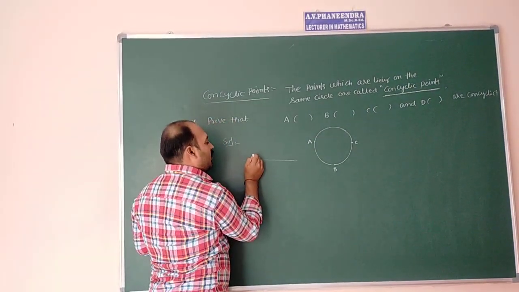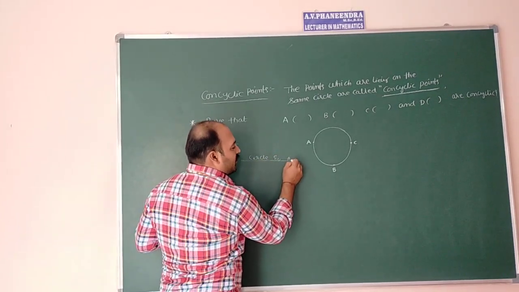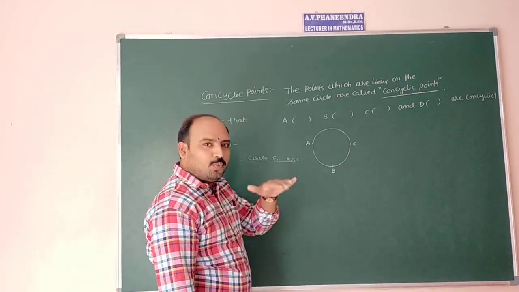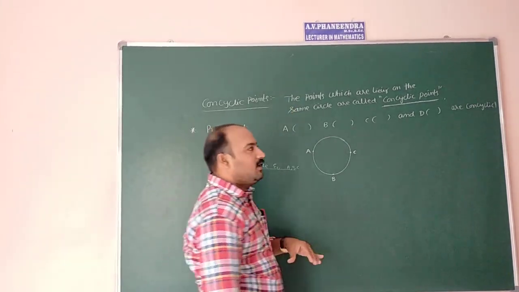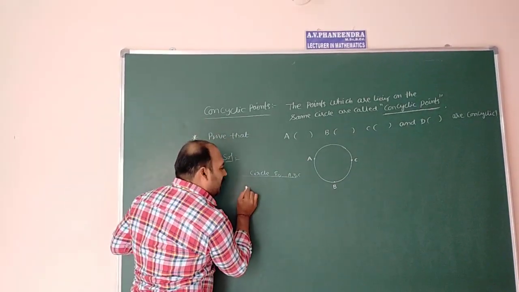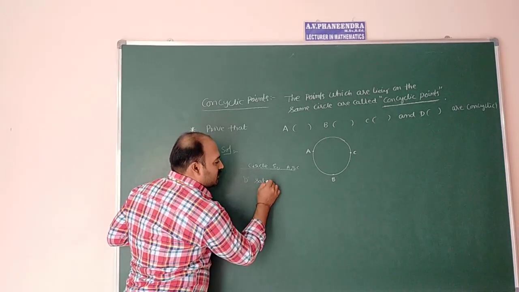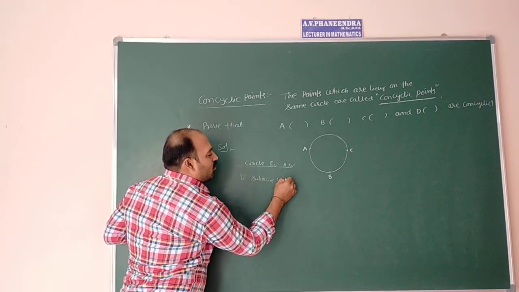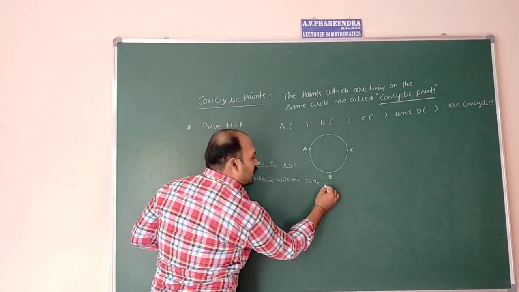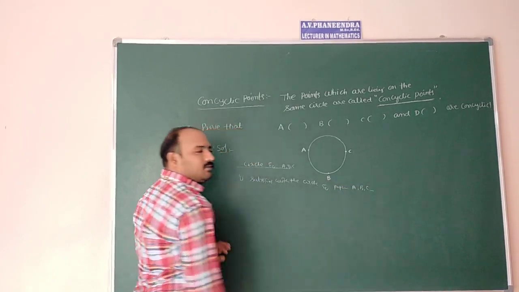You will get the circle equation which is passing through A, B, C. After that, to prove the points are concyclic, the rest of the point D satisfies with the circle equation passing through A, B, C.